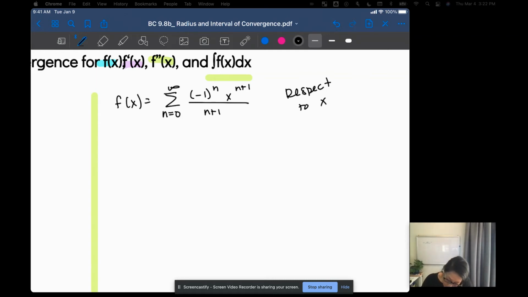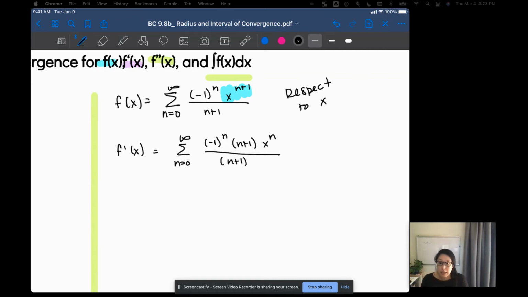Okay. So if I'm going to take the derivative of f of x, I get the sum from n equals 0 to infinity. Negative 1 to the n stays negative 1 to the n. Then I take the derivative of really just x to the n plus 1. So I multiply by n plus 1, which is the power, times x to the n, because I'm going to subtract 1 from the power, all over n plus 1, which doesn't have an x, so it just stays n plus 1.